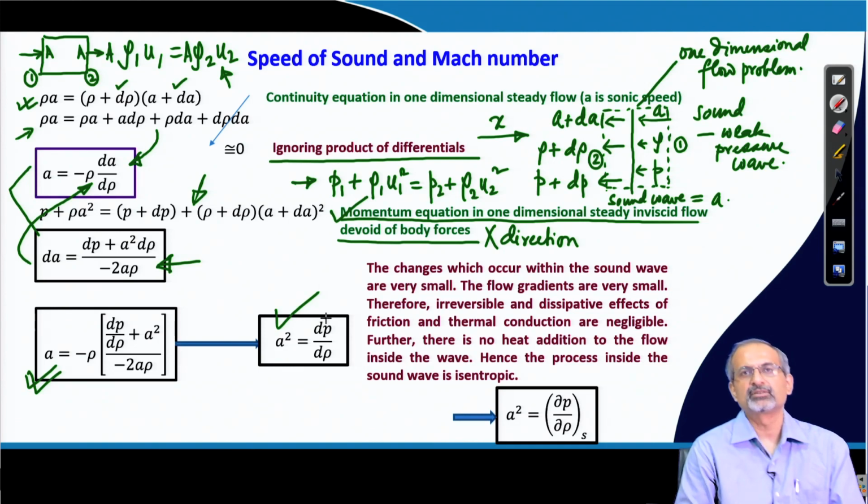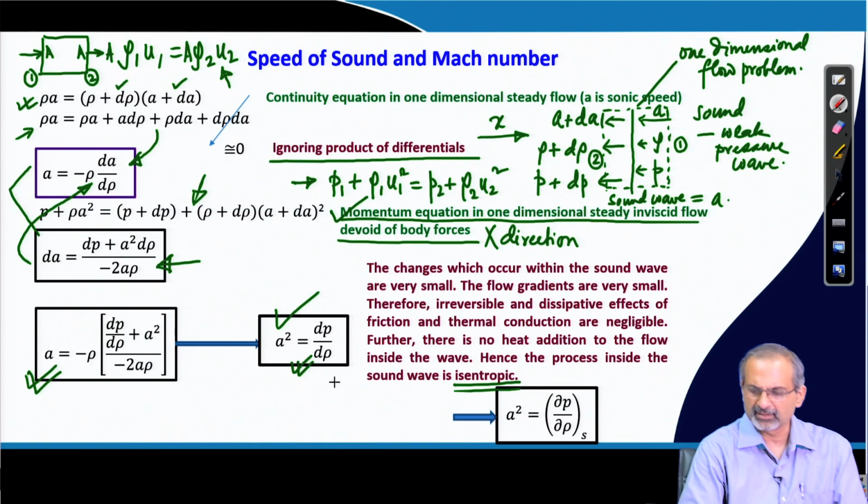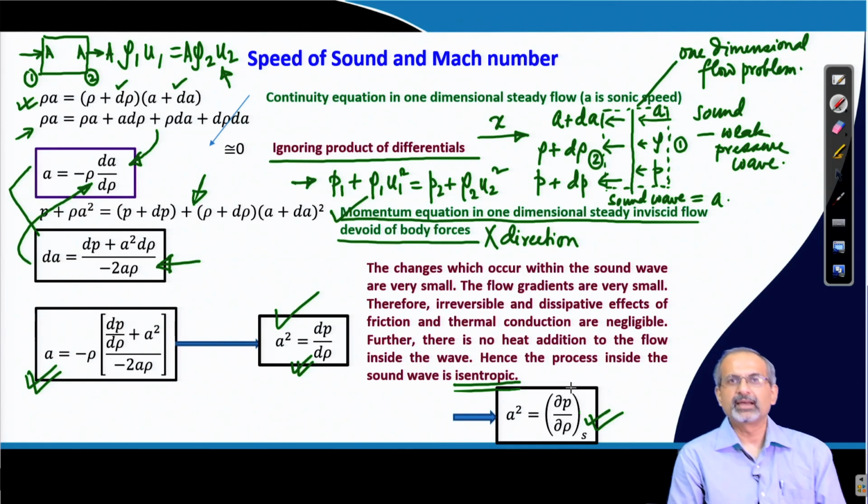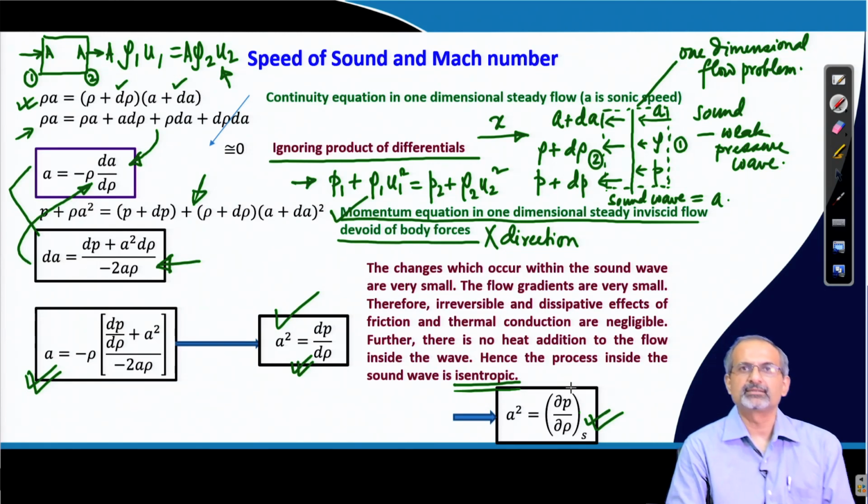Neither is there any question of any heat addition or subtraction. Hence, the process through which all this has happened is adiabatic and reversible, therefore isentropic. So, when we write this equation, we additionally associate the subscript s and make it a partial derivative, saying that this A square is defined under isentropic conditions.